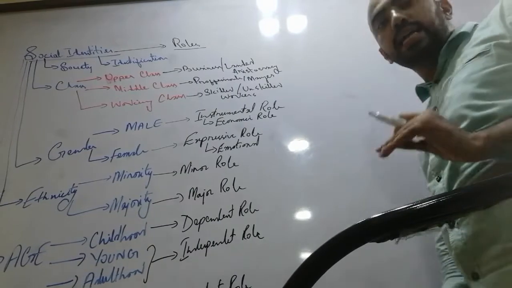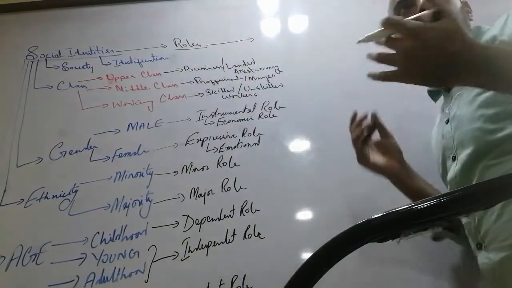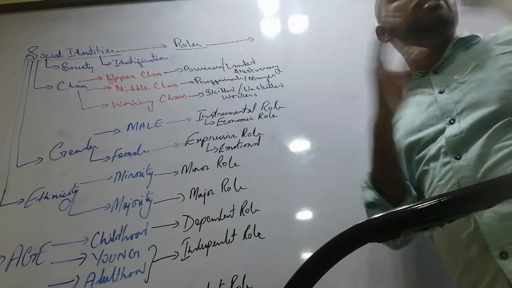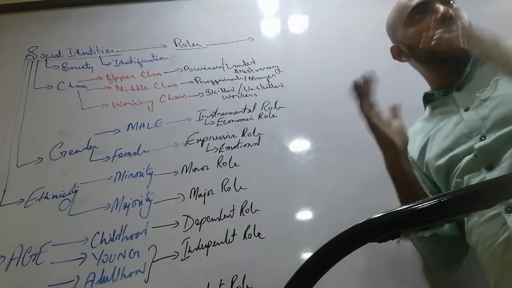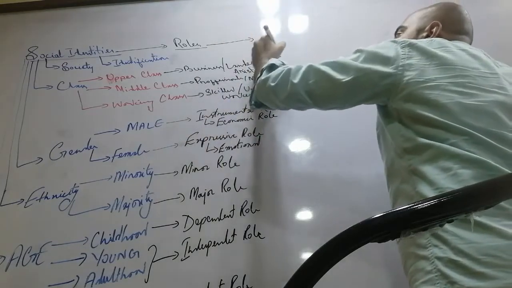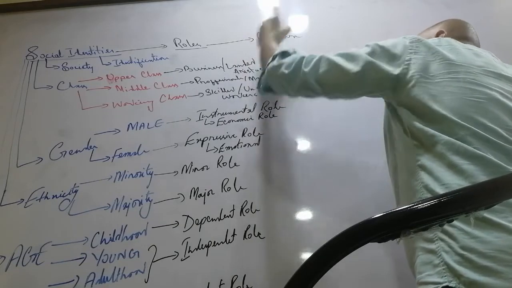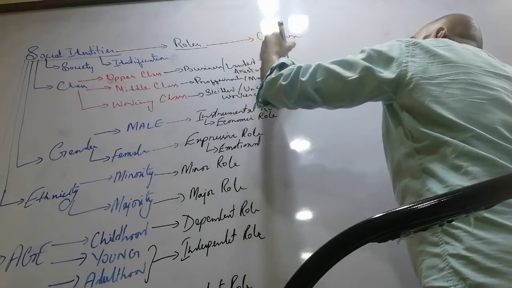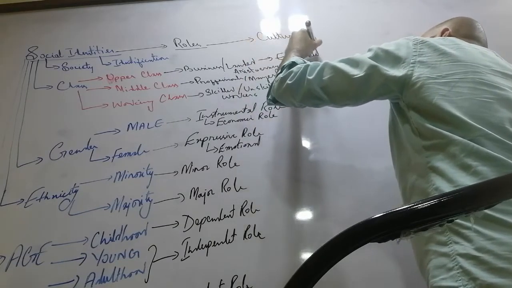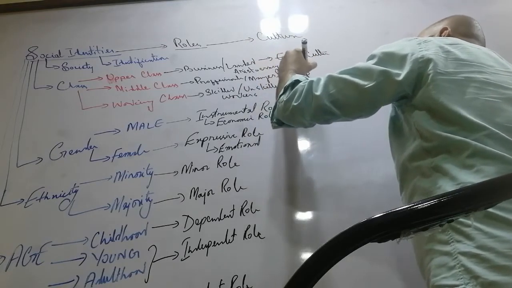these roles are attached with particular culture. If you are fulfilling a particular role, then it may result in you following some particular culture. Okay, like if you talk about the businessman having an aristocracy, it may result in elite culture. It's more about popular culture.